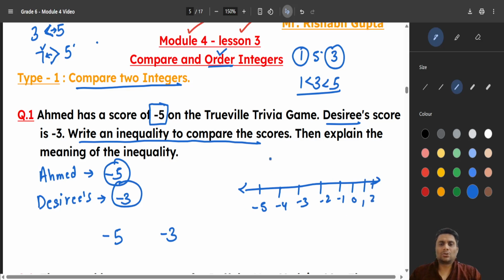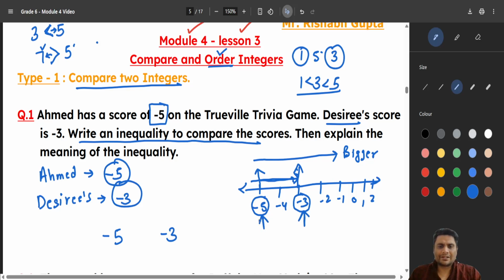Now see, I told you if we go from left side to right side, we get a bigger number, right? So let's say I'm standing at -5 and I start moving here and I stop at -3. What did I do? I went from left to right. It means that if I compare -5 and -3, -3 is bigger than -5.